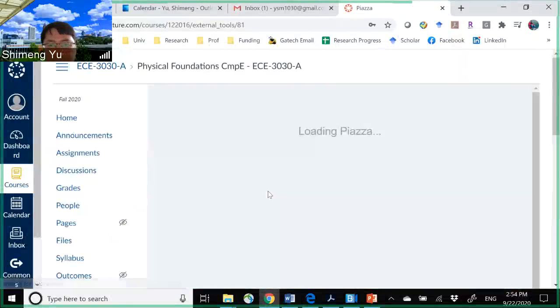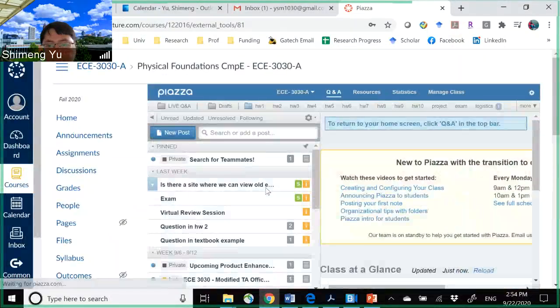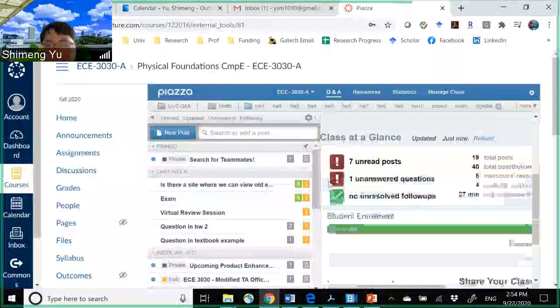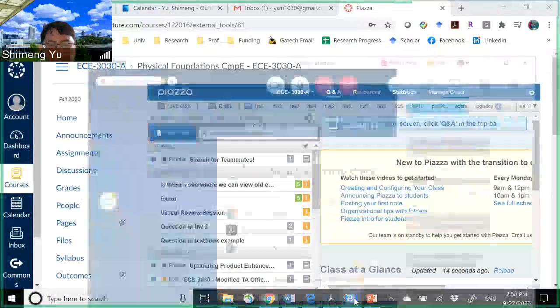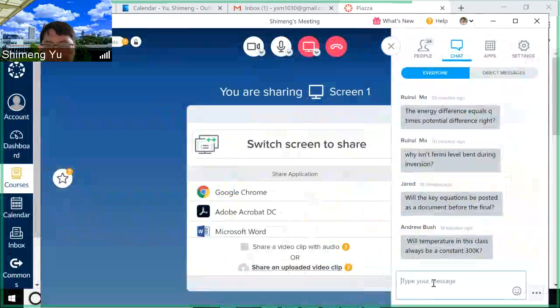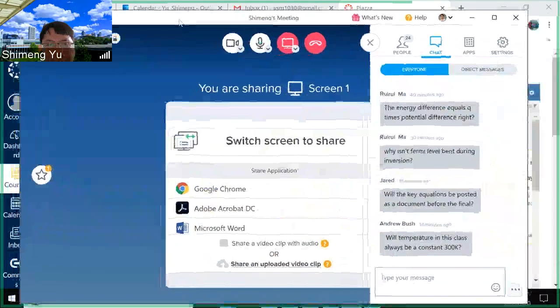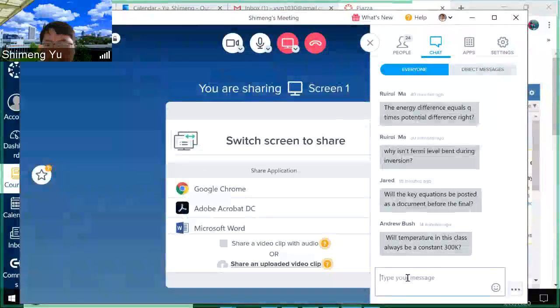So either me or the TA can clarify your question. Let's use this so everybody can see the clarifications. Okay, any other questions regarding the first midterm?